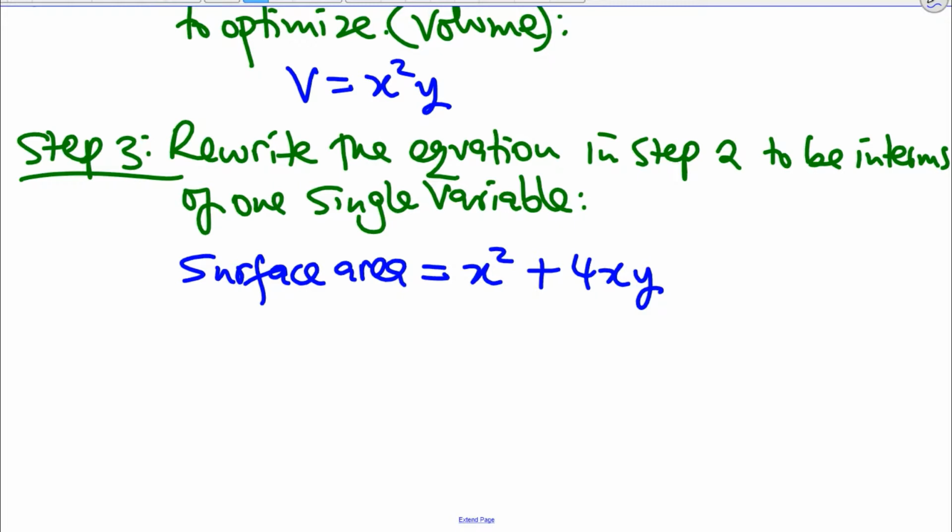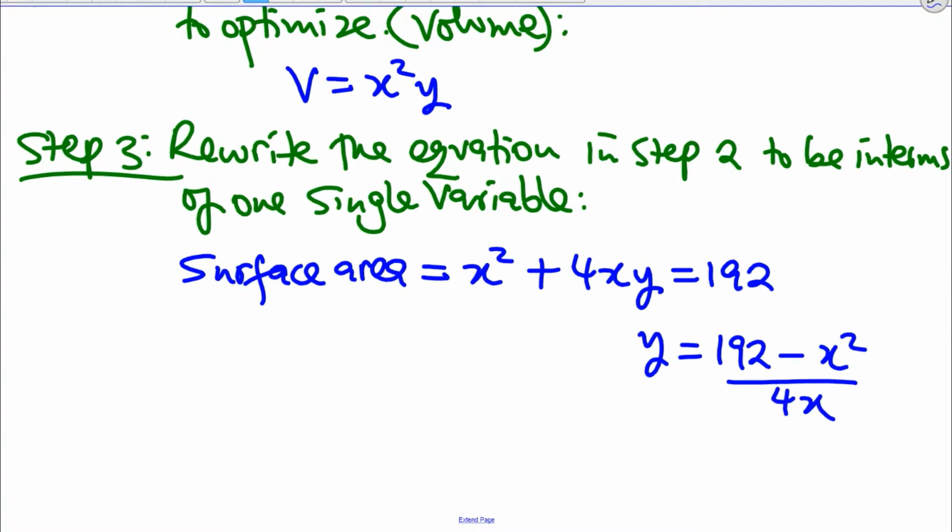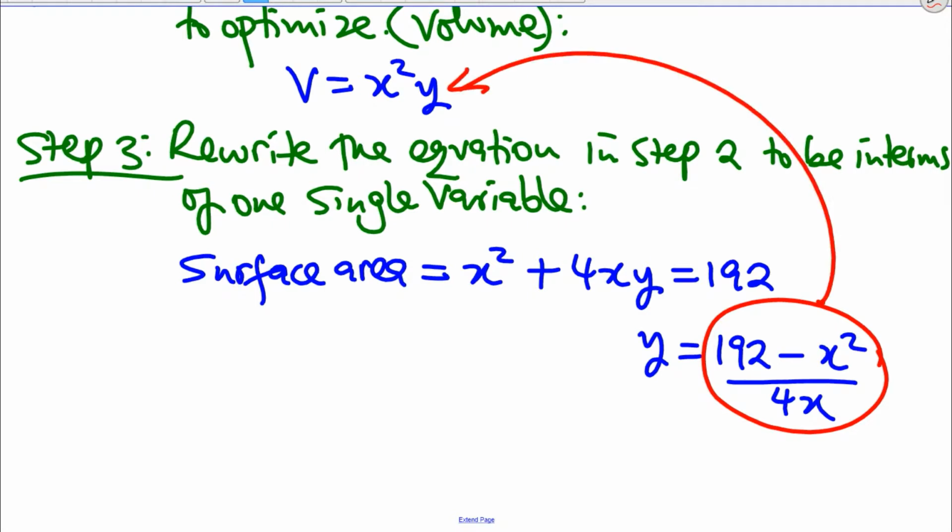And we can make y the subject of the formula. By the way, the surface area is equal to 192. It's fixed, 192. Now, if we want to make y the subject of the formula here, y will be equal to 192 minus x squared over 4x. Okay, so which means we can take this value of y and plug it here in place of y.